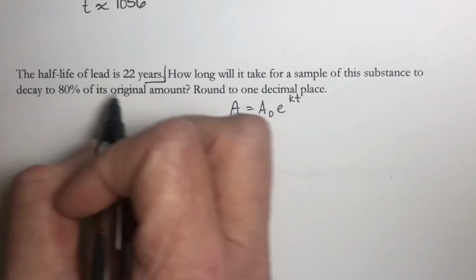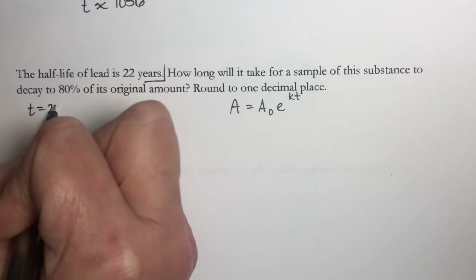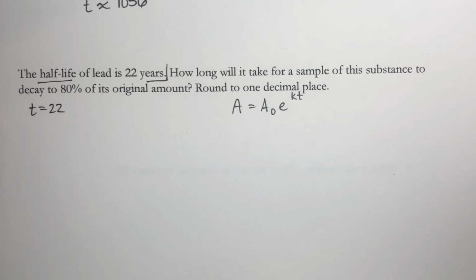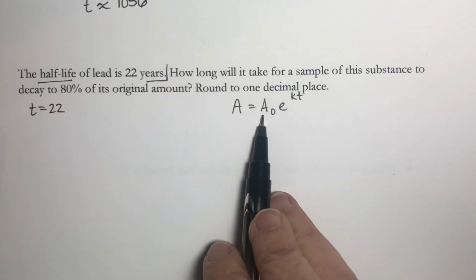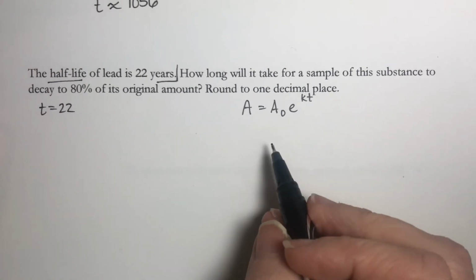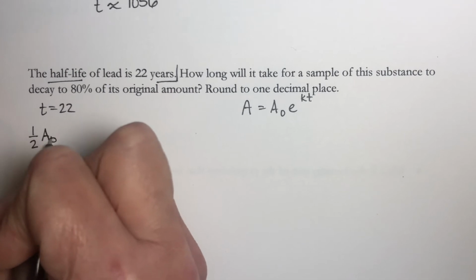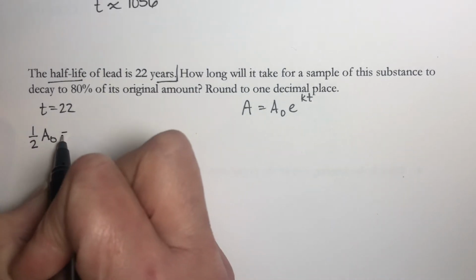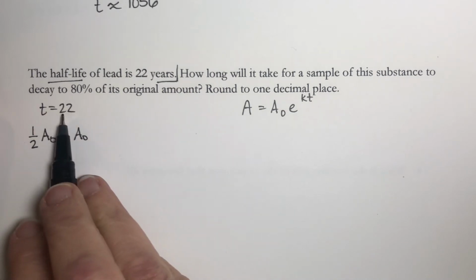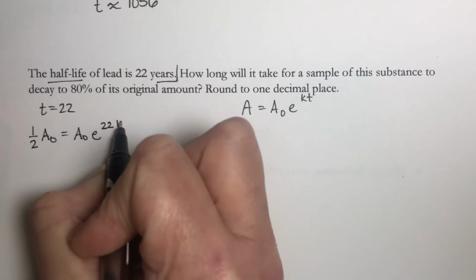And right here, from the first sentence, we know that t is equal to 22. We're talking about a half-life, which is how long it takes for our original amount to end up at half of this. So what I really need is 1/2 of A naught is going to equal A naught, this is the amount we have left after 22 years, e to the 22k.